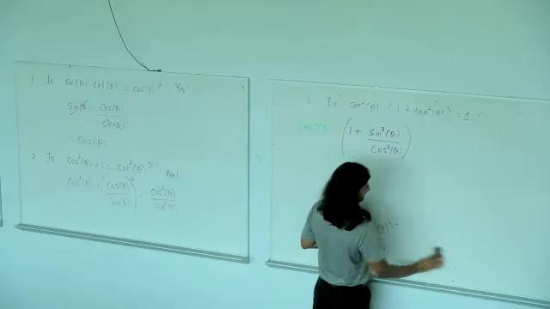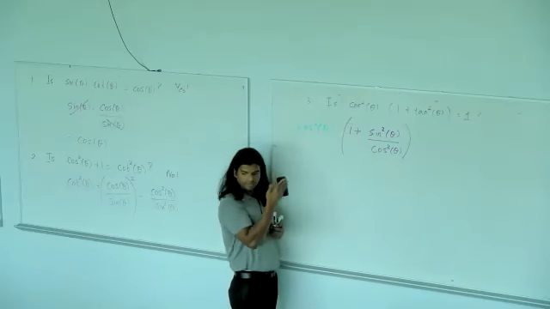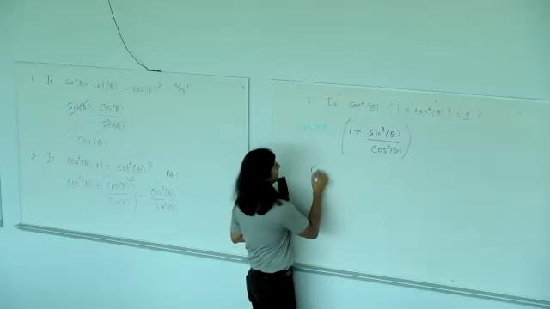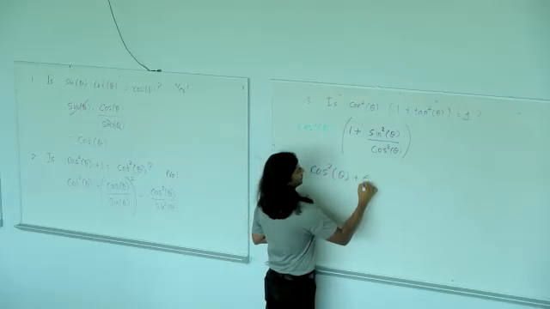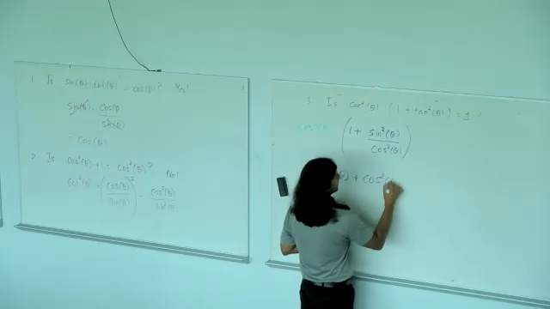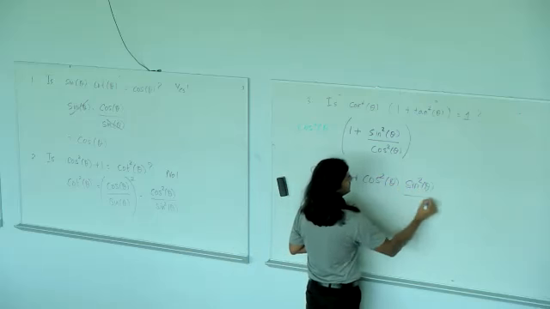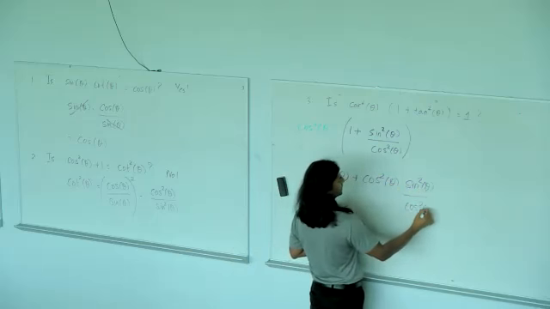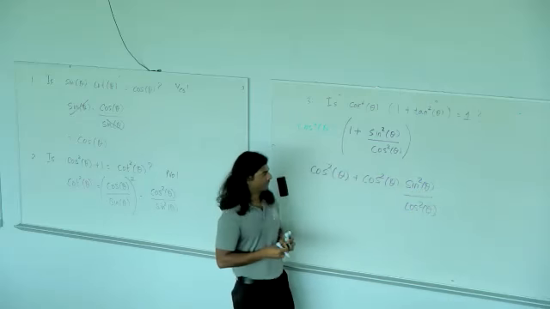This should be cosine squared theta plus cosine squared theta times sine squared theta divided by cosine squared theta. What happens to the cosine squares? They cancel.